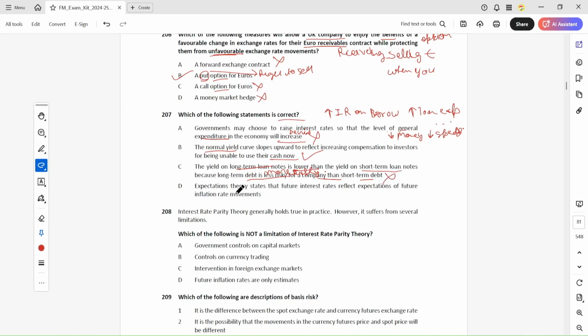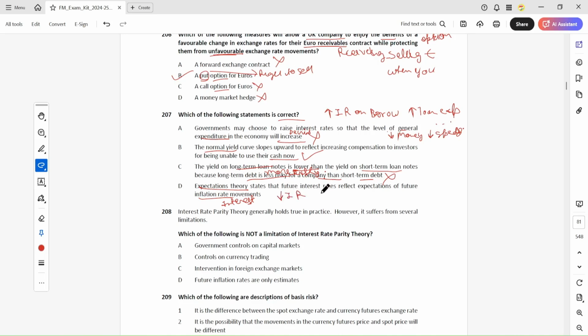So this is not it. Expectation theory states that the future interest rate reflects expectations of future inflation rate. No, future interest rate. Expectation theory says that the future interest rate will reduce.